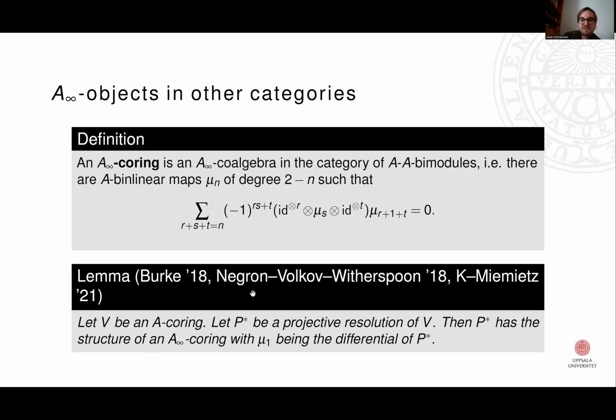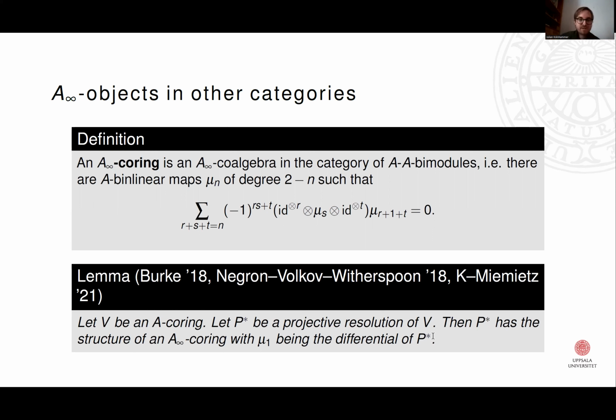And Chris Negron, Yuri Volkov, and Sarah Witherspoon have a paper where they do this in the special case where A is just A regarded as an A co-ring, and P is some projective resolution of A. They use this, I think, for doing some sort of support variety theory, if I remember correctly.